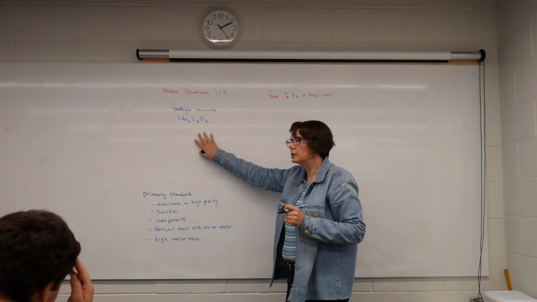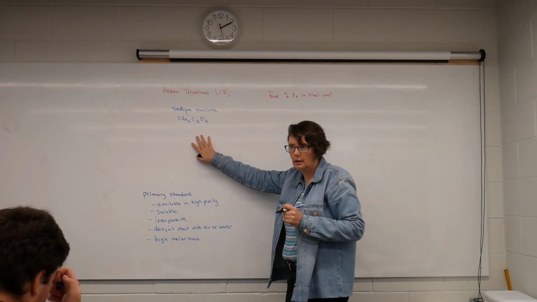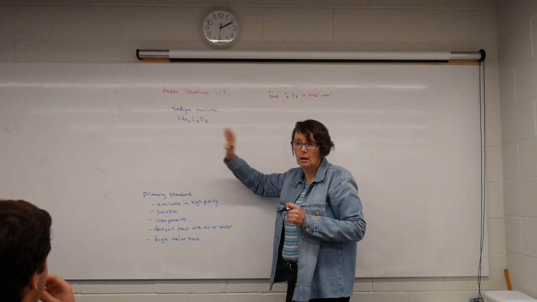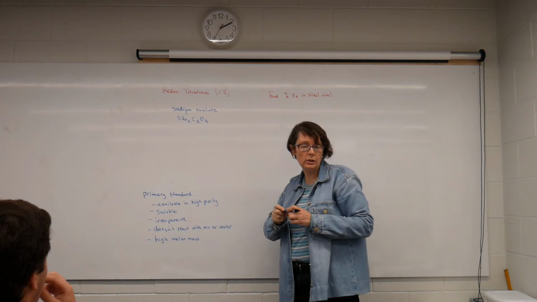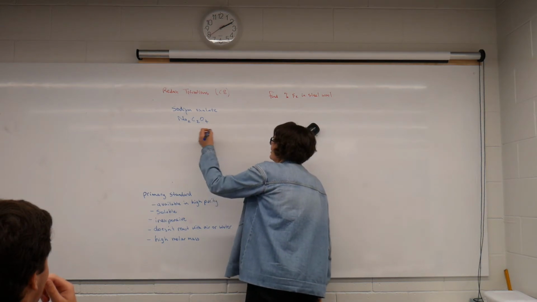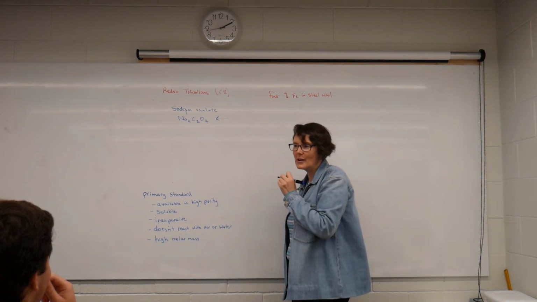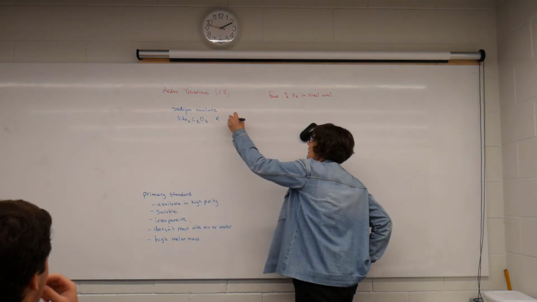Now, I'm not really interested in one part of this. What part am I not interested in? That's the part I'm actually not interested in: the sodium. Because what kind of bonding have I got in here? Ionic.